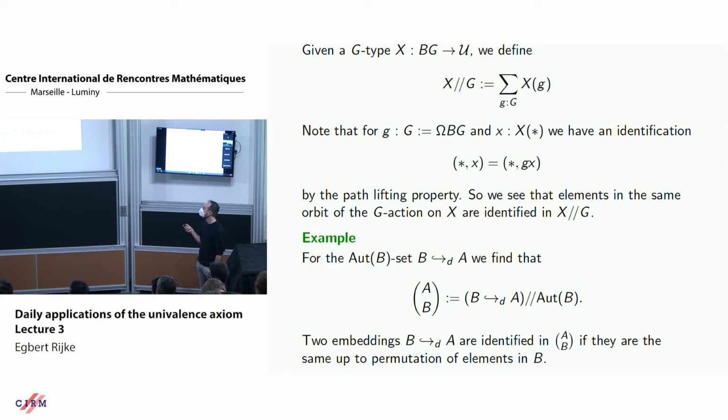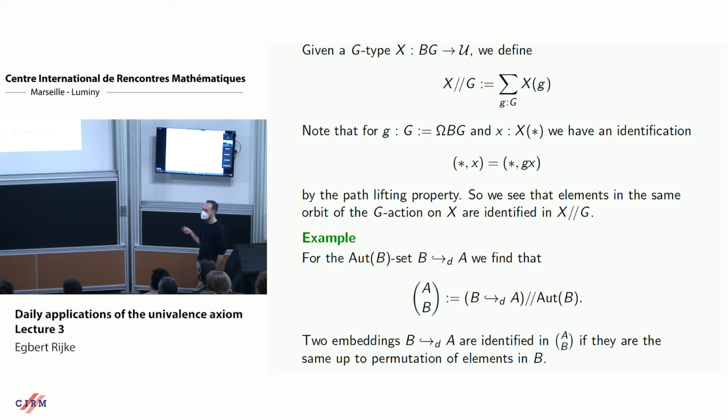Well, if we have a g in G, which is the loop space of B of G, and we have an x in the type that's being acted on, then from this x we obtain an element of this sigma type, namely star comma x, and g acts on it. So we also have star comma gx.